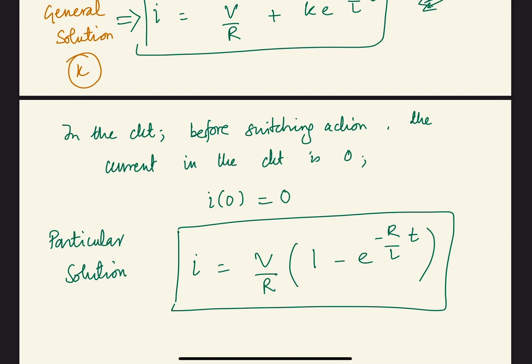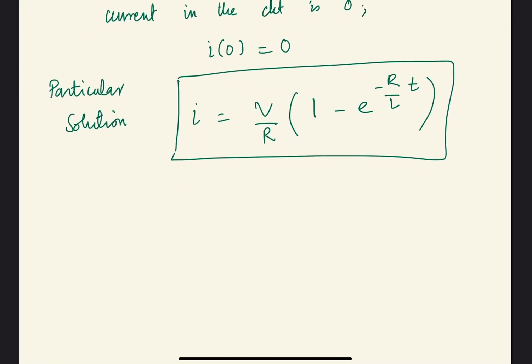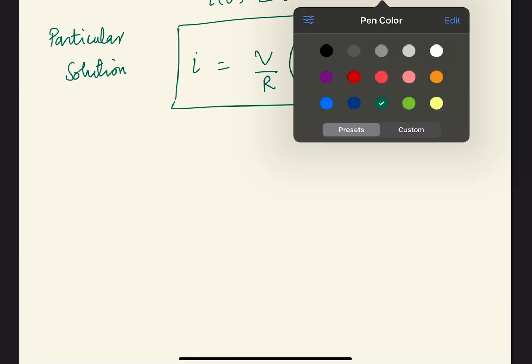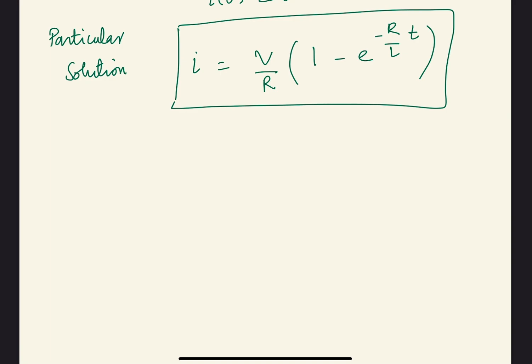Okay, so if you take a look at the graph of this function, it is something like this. Now there are two things that you have to keep in mind.